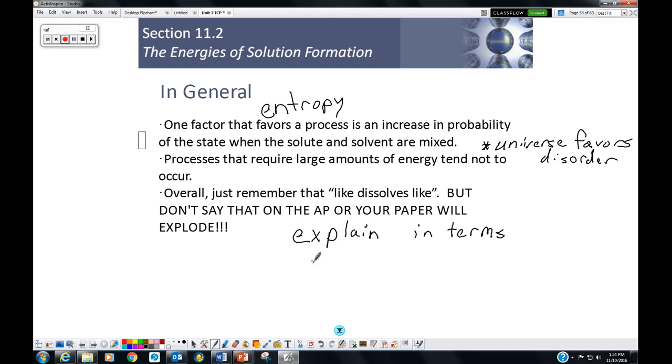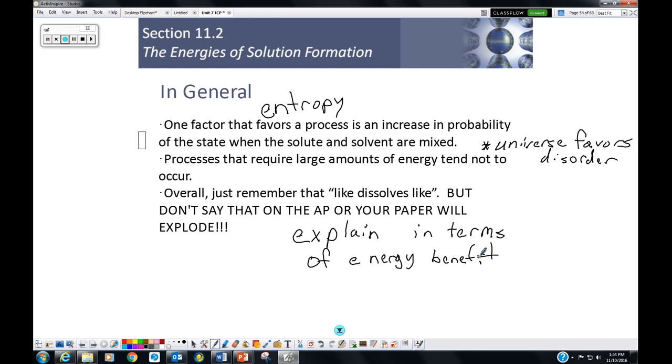So I just got myself dizzy. All right. Explain in terms of energy benefit. Like I said earlier, any time I'm writing a written response and you see that it may apply, talk about whether the energy for this was favorable or unfavorable in some way.